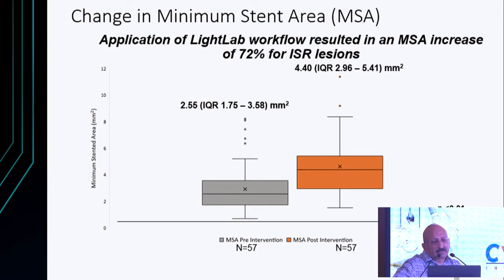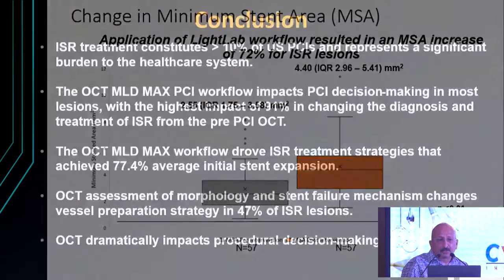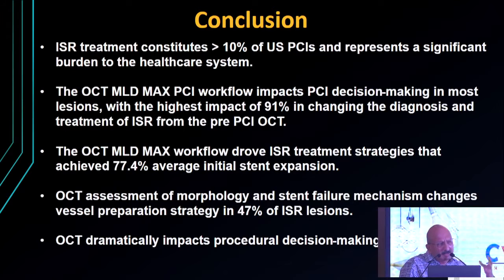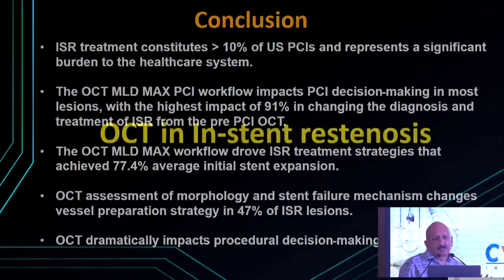So here you can see that there is a difference in MSA pre and post intervention based on the OCT done in these patients. So basically, this study did show that OCT or imaging does make an impact whenever you are treating in-stent restenosis. So at least 50% of the time it makes a difference.